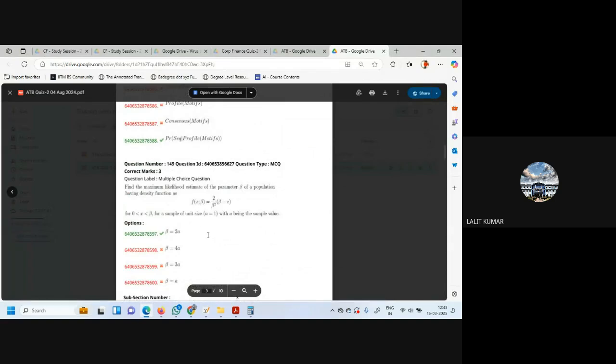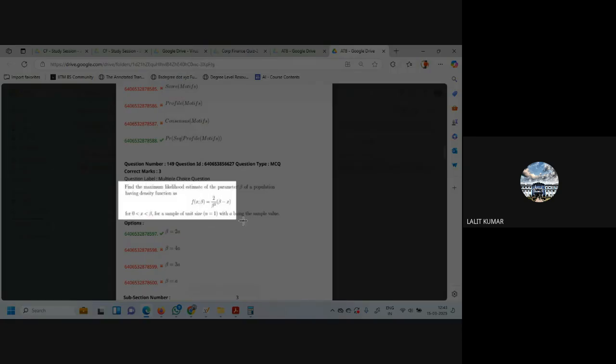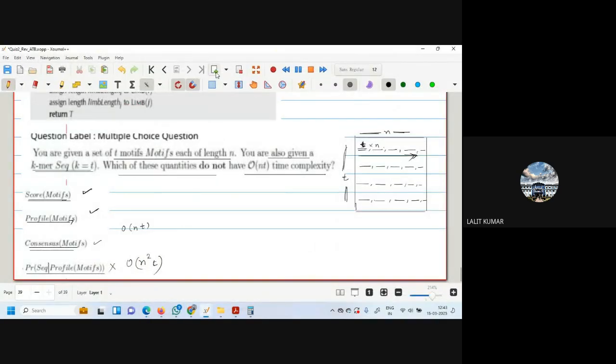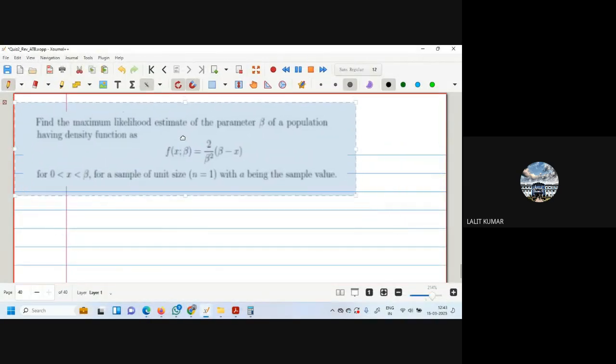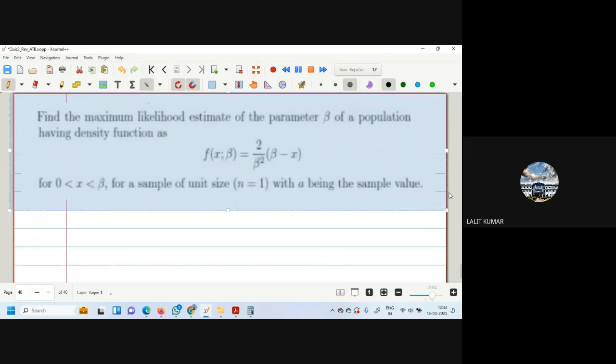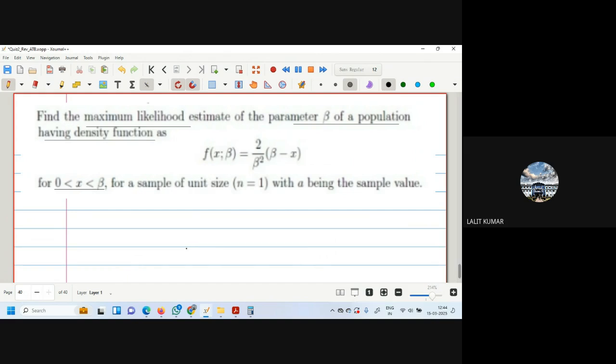Now we come to this question. This is a question from maximum likelihood. We are given: find the MLE of the parameter beta of a population having density function f(x, beta) = 2/beta square (beta minus x), where x is between 0 and beta, for a sample of unit size n = 1 with a being the sample value.